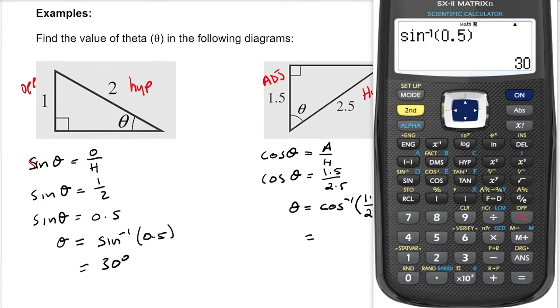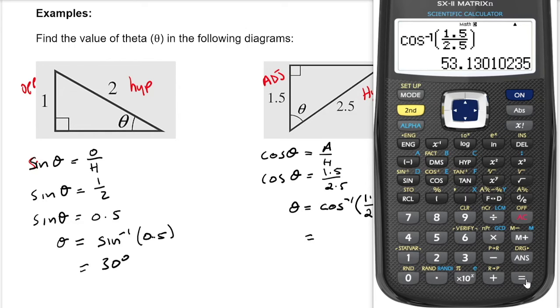So let's bring it up. So we're going to go second function cosine, because we want the inverse of cosine. 1.5 over. Now we are using a different calculator to normal, so there's our fraction key. Need to get out of that, put in your bracket, hit equals.